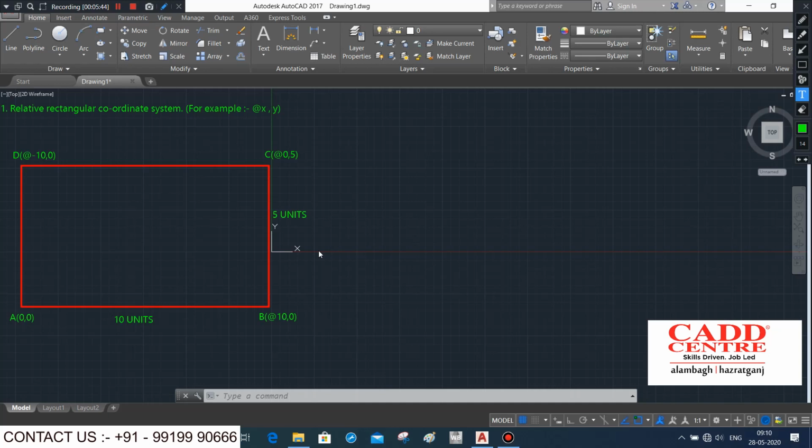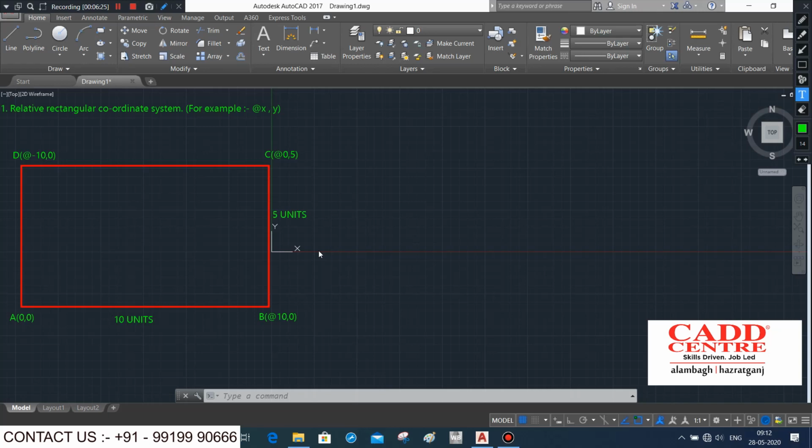Now if we talk about point C, our movement is in y direction, so we have provided 5 on y axis, and at x we have given 0. Similarly, we have done at point D, @-10, means we are moving towards the negative direction, and for y we have given 0.